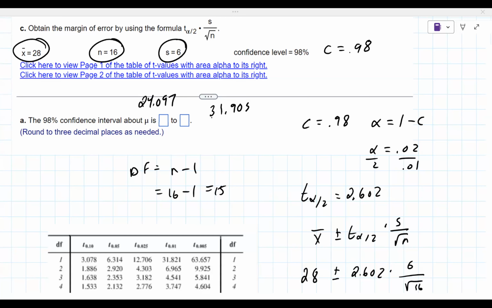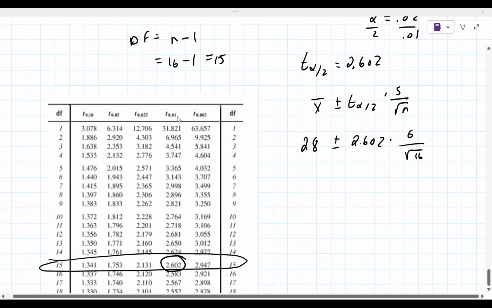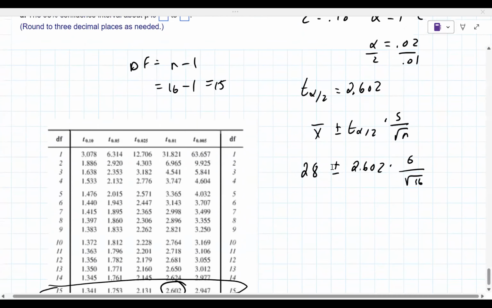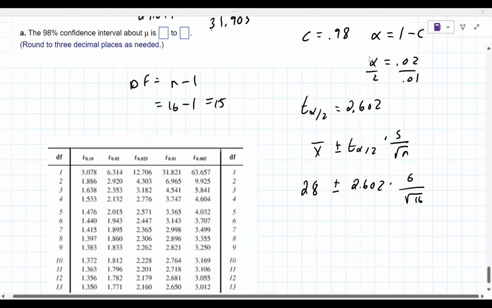And it did not like that. Okay. What went wrong here? So when I rush, that's also an issue. 2.602, 6, 16, 28. 28 plus 2.602 times 6 divided by square root of 16. I don't know.